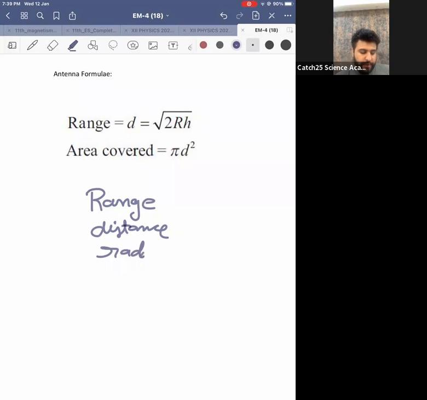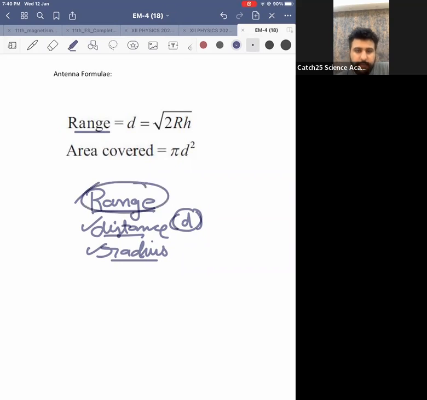All three are denoted by small letter d of an antenna. And if they ask you what is the range of an antenna, or the distance covered by an antenna, or the radius covered by an antenna, the formula is the same: D equal to square root of 2RH.